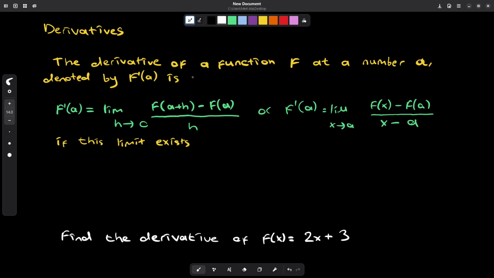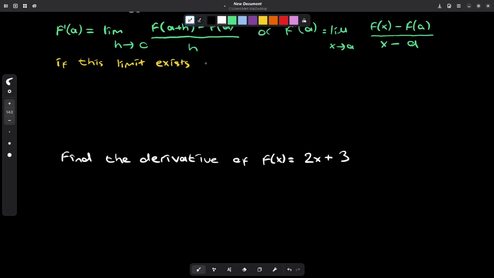Because of that, we gave a special name to these limits. We call them derivatives, and we will show it as the derivative of f at a, like this. There are other notations for it, but we will see them in other videos. The derivative of f at a is equal to this limit or this limit, if this limit exists.